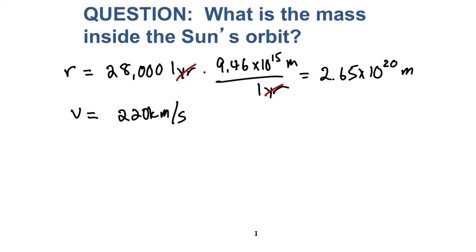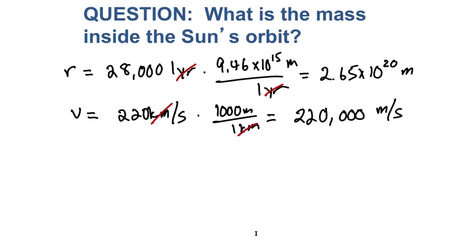Now, again, we're going to want meters here, so we can multiply by 1,000 meters in a kilometer. Kilometers and kilometers cancel out, and that is 220,000 meters per second, the speed we're orbiting the galaxy. Of course, we know what G is. It's 6.67 times 10 to the negative 11 meters cubed per kilogram times second squared.